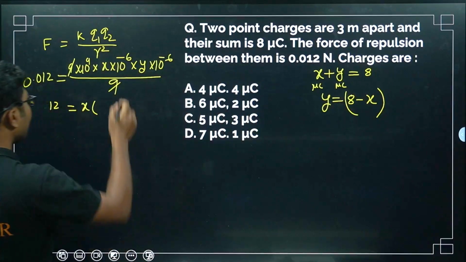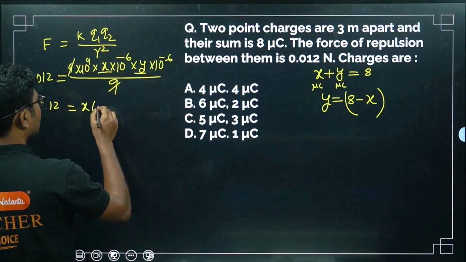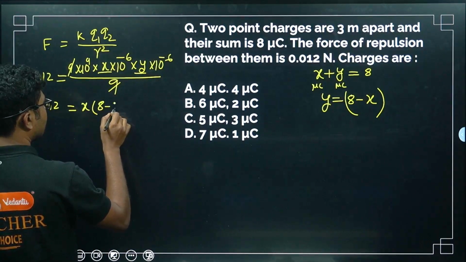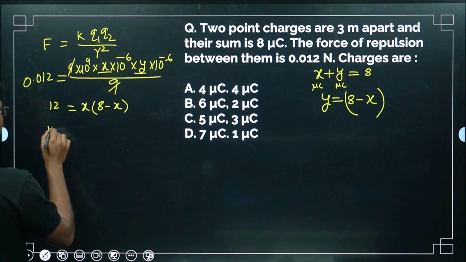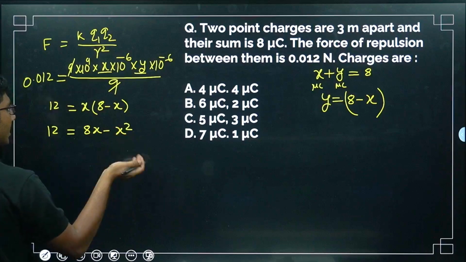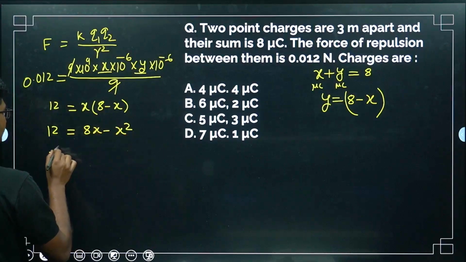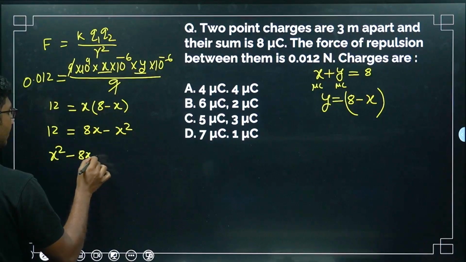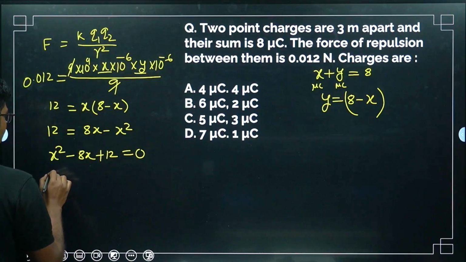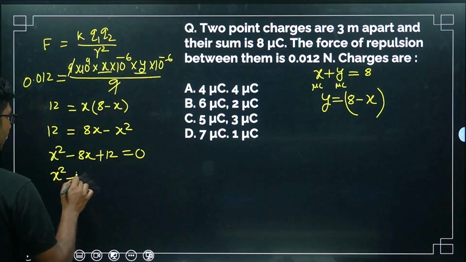We will put that value here, x times y. So x times y is x times 8 minus x. So 12 is equal to 8x minus x square. Now take everything on this side: x square minus 8x plus 12 equals 0.